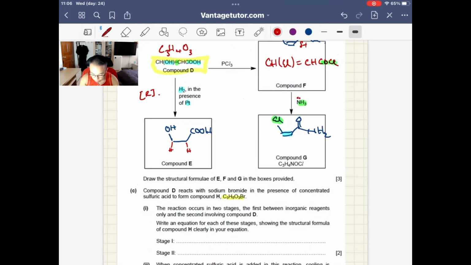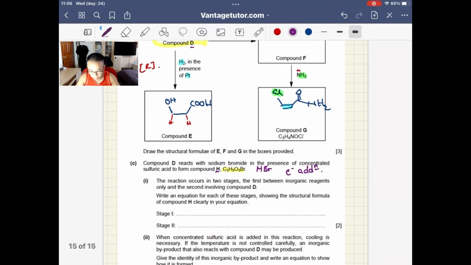If I compare the difference in the chemical formula, you should realize that the difference between compound H and my compound D is just HBr. One H is added, one Br is added, and therefore I can more or less suspect that this is going to be my alkene and its electrophilic addition.